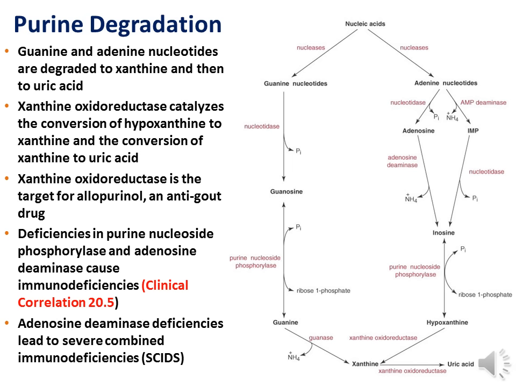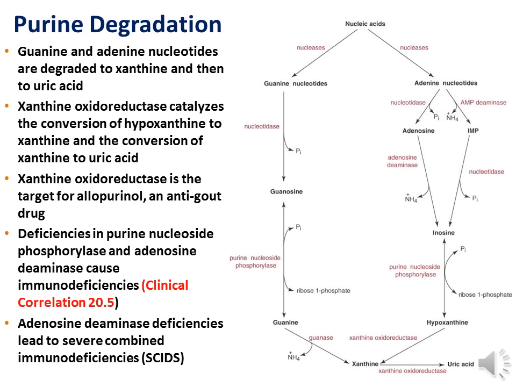Now let's talk about purine nucleotide catabolism. Guanine and adenine nucleotides from nucleic acid breakdown are degraded to xanthine and then to uric acid. Xanthine oxidoreductase catalyzes the conversion of hypoxanthine to xanthine and then the conversion of xanthine to uric acid.